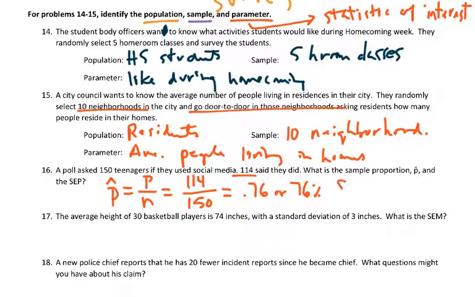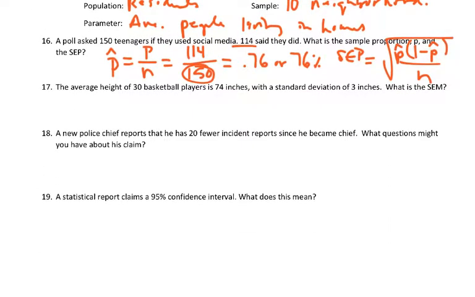Okay. Now the SEP, remember we find that the sample error of proportion, something like that. Okay. So that one's the square root of p hat times 1 minus p hat over n. So n would be 150. Okay. So I'll use this space down here. So it would be the square root of 0.76 times 1 minus 0.76 divided by 150.